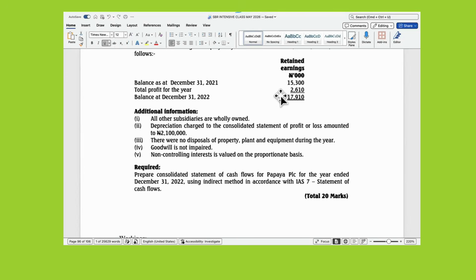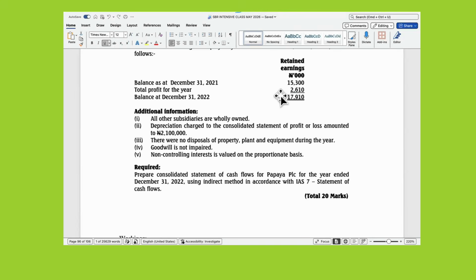The most important part: if you can use even 20 minutes to do your movements, the examiner is marking all your movements, so it is not in vain. That can give you 14 or 15 marks already out of this 20. That is what the examiner marks.